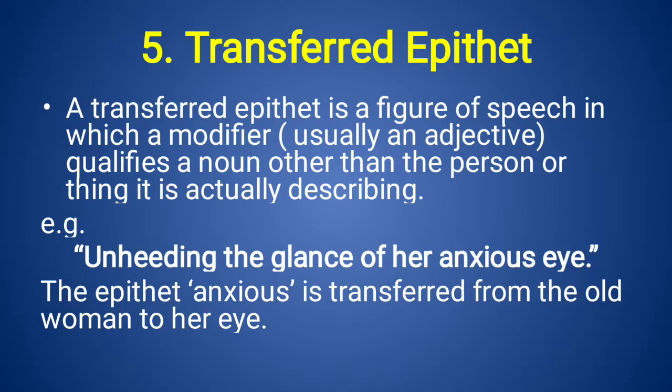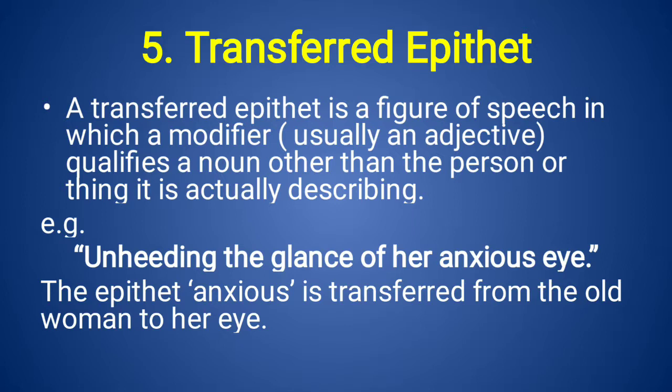So I have taken one example here. Unheeding the glance of her anxious eye. So here we have an adjective, that is anxious, and the epithet anxious is transferred from the old woman to her eye. So this figure of speech is also new for you.